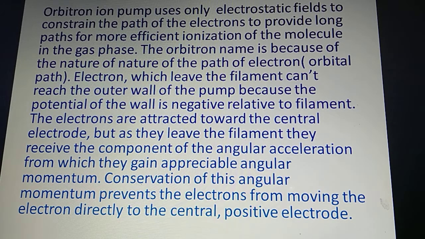The electrons are attracted towards the central electrode, but as they leave the filament, they receive a component of angular acceleration from which they gain appreciable angular momentum. The conservation of this angular momentum prevents the electrons from moving directly to the central positive electrode.